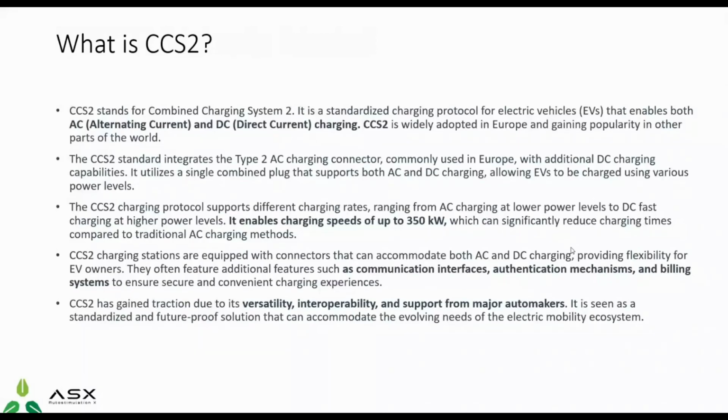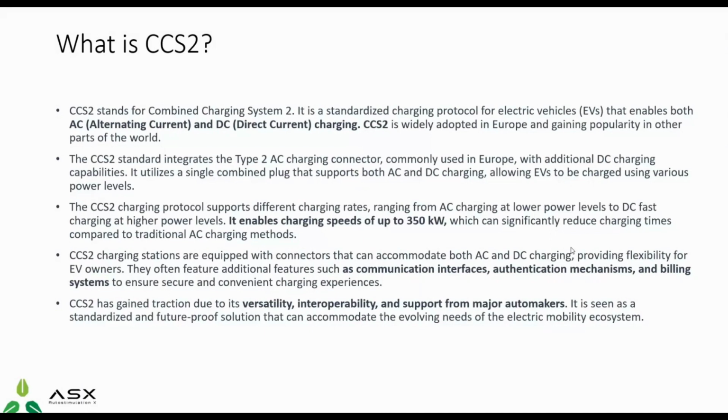So what is CCS2? CCS2 is the Combined Charging System protocol, and it works on both AC and DC. It has speeds up to 350 kilowatts, so it is fast charging.